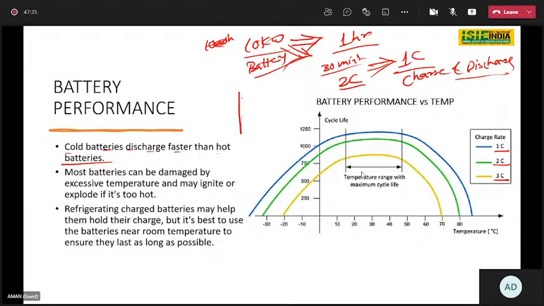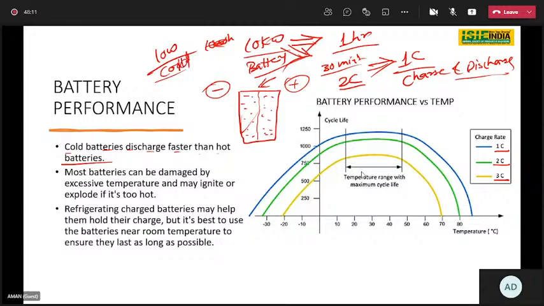Suppose this is your cell. This part is there, and due to this, the electrolyte is there. Okay, this is your lattice, or let's say this is your membrane, which helps to pass the ions. Okay, so this is the plus side, this is the cathode, this is the anode. So what exactly is happening when the temperature is low, considering the cold condition?